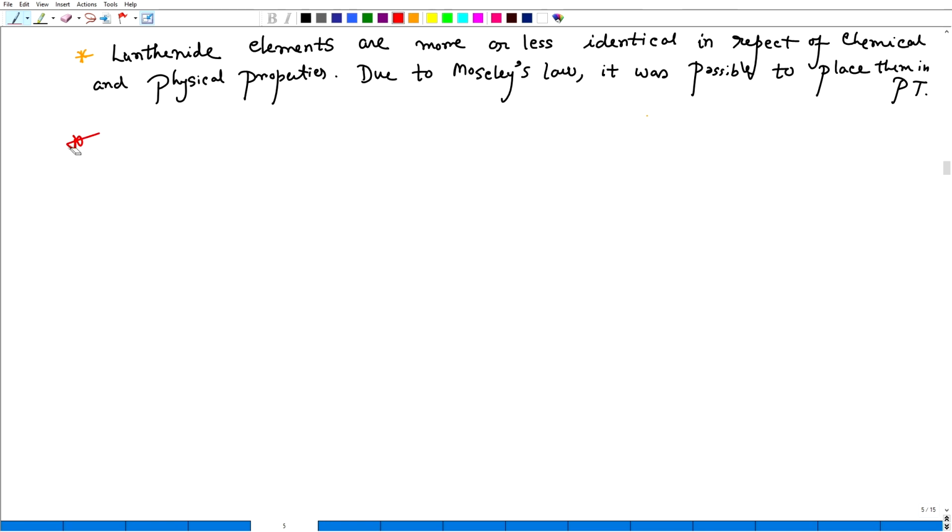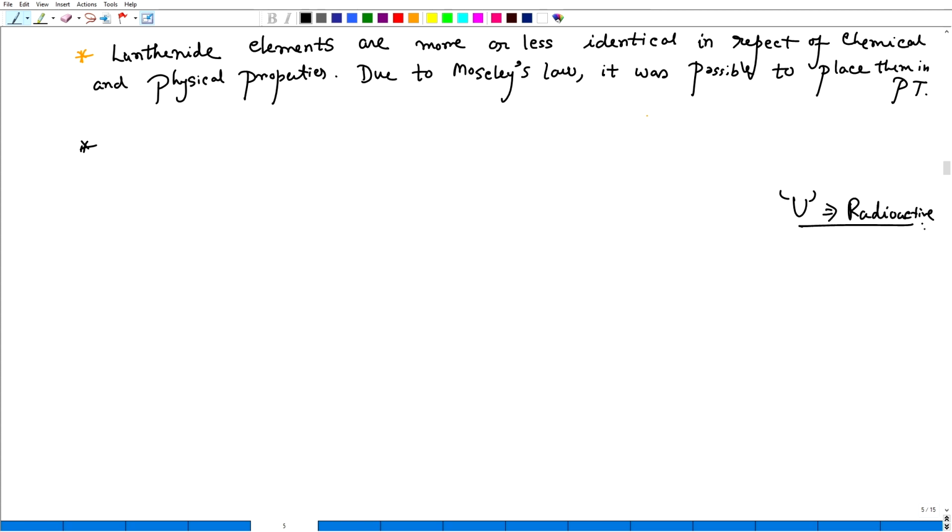Moseley's law. And the last one, which is also very important, is that with the help of this Moseley's plot, given by this linear plot, that root nu is proportional to Z, this plot is also possible. Using this plot we can identify some elements having atomic number more than uranium, because uranium is radioactive, right, it is very heavy.